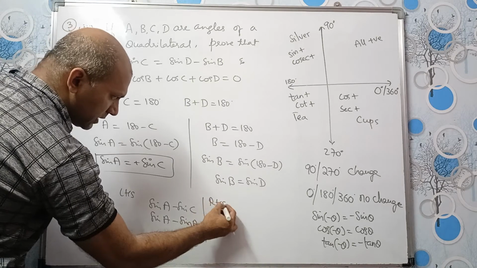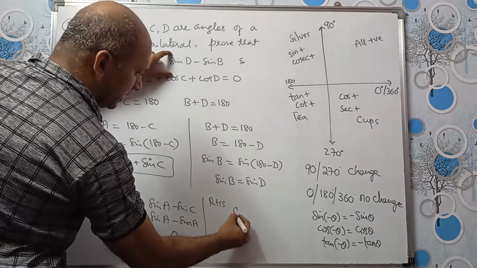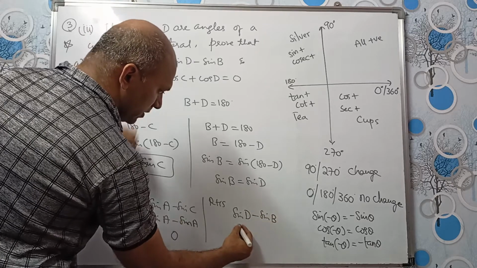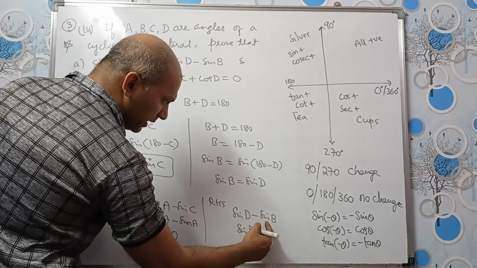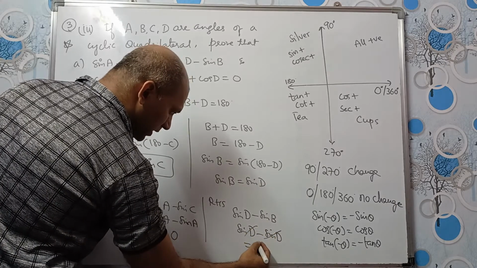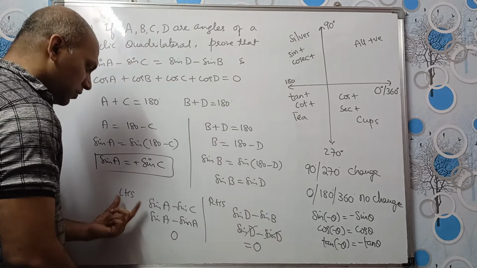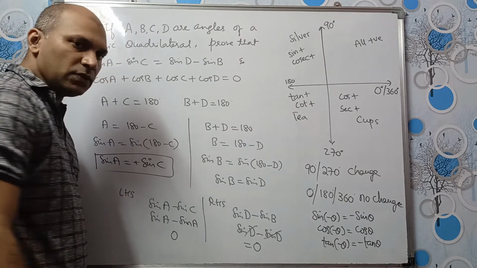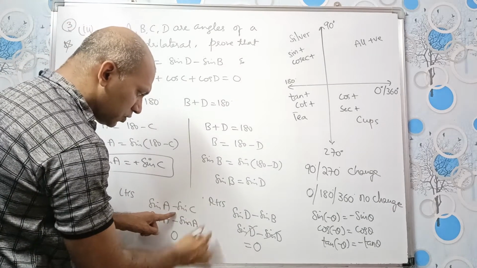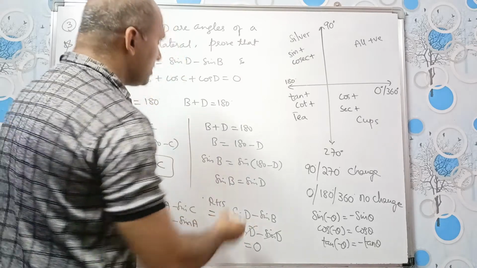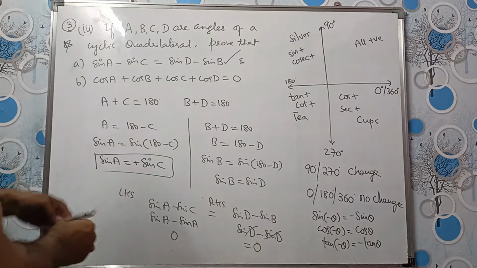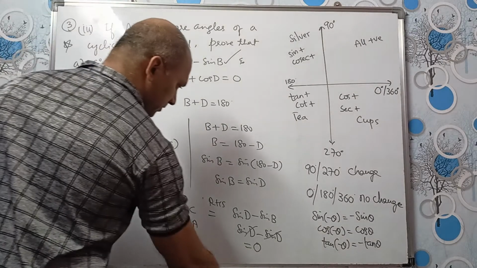What about RHS? RHS is sin D minus sin B, which is sin D minus sin D. So this will also be equal to 0, right? So we have LHS and RHS both equal, which means sin A minus sin C is equal to sin D minus sin B. We have proved the first bit, right? This problem A is done.